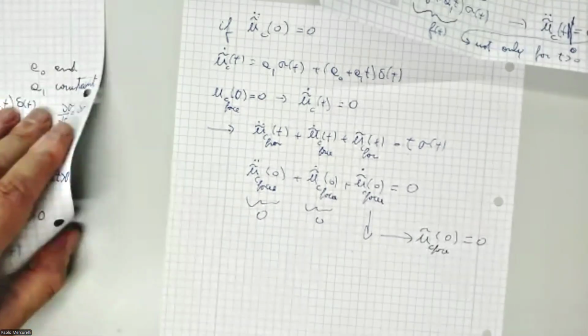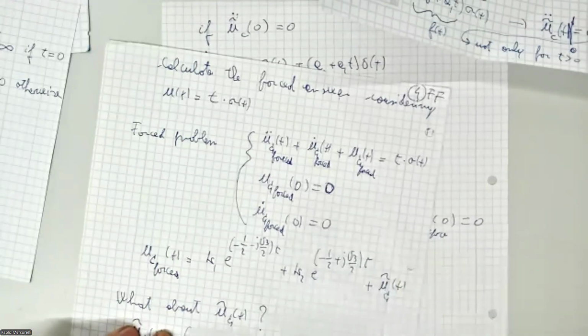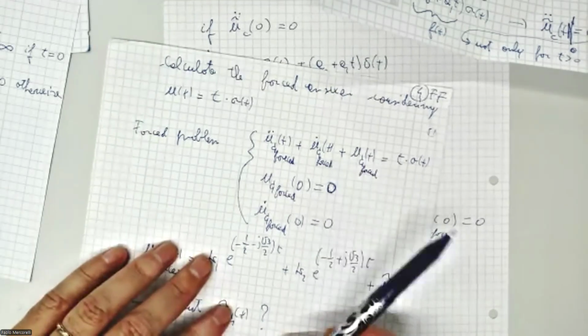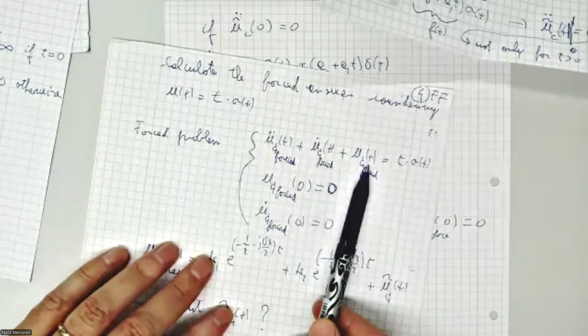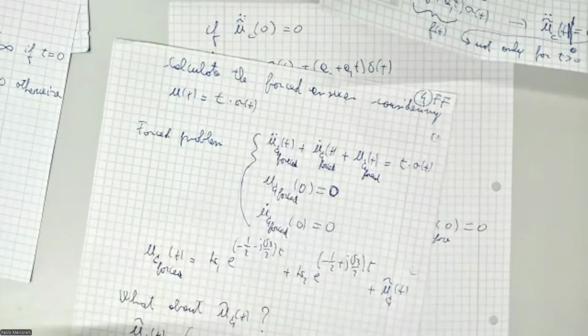From here, times 0. This is trivial. If I times 0, this is 0. This is 0 in any case. This in general is also 0.